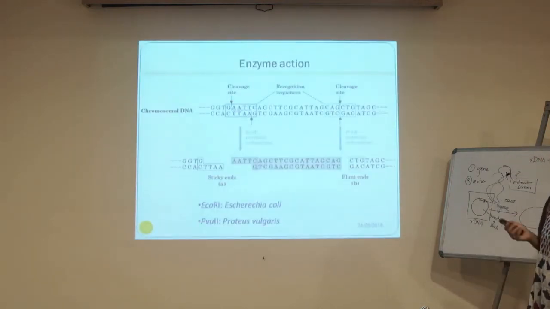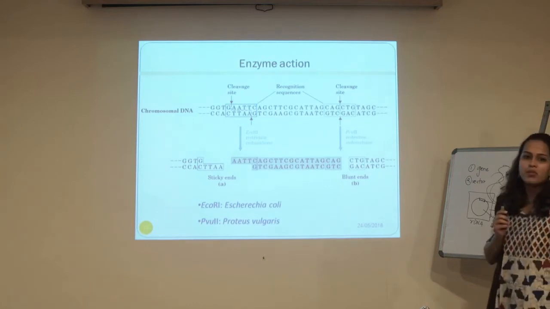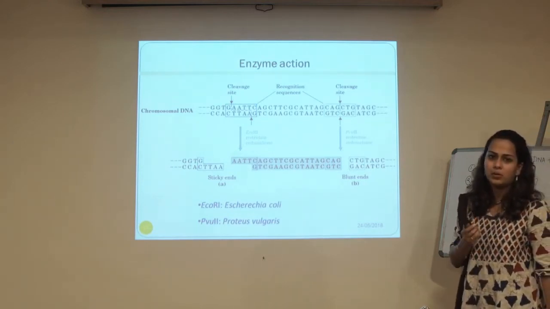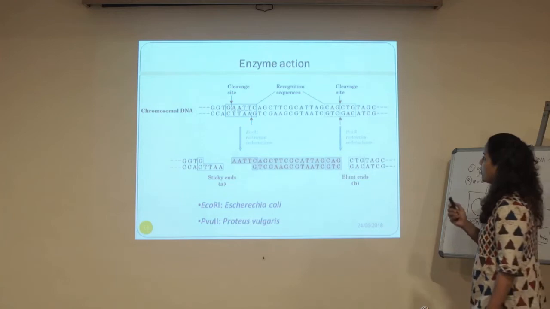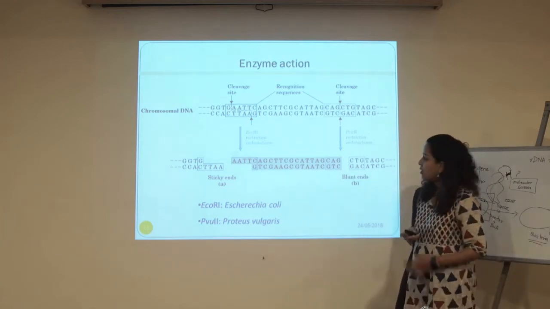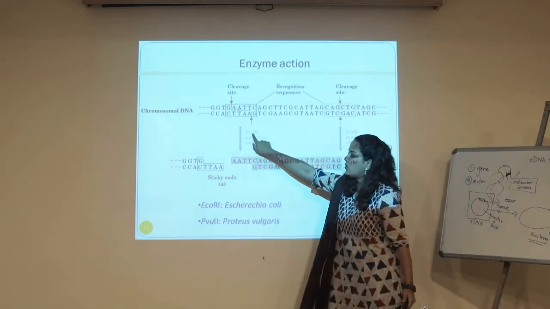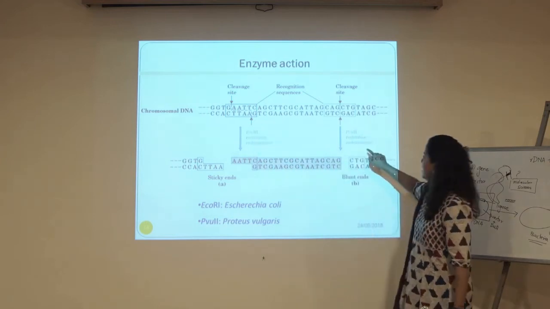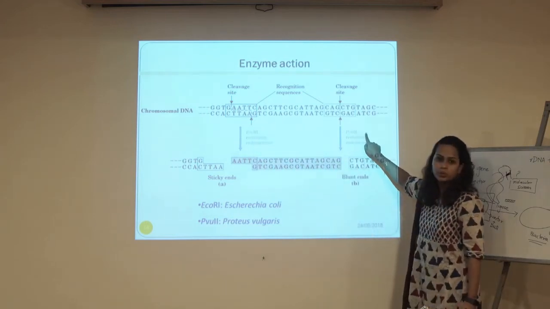Okay. Next is the types of cuts that the restriction endonucleases make. So you can see two examples here. First is your EcoR1 and second is your PvuII.